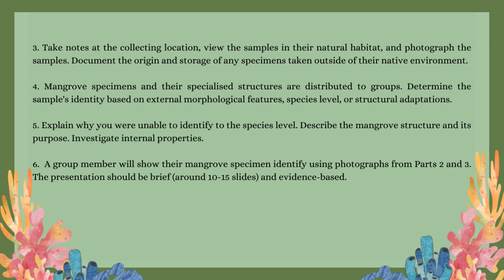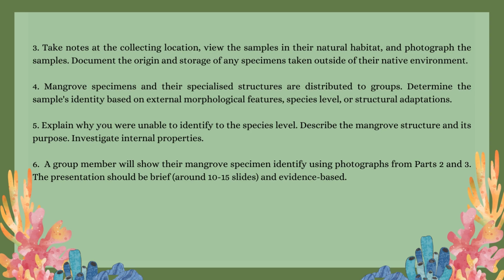Observe mangrove specimens and their specialist structures and distribute them to the group. Determine the sample identity based on external morphological features and species level or structural adaptation. Explain why you were unable to identify to the species level.